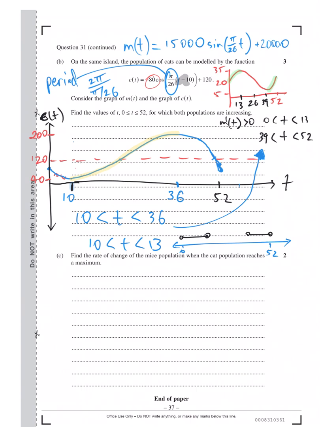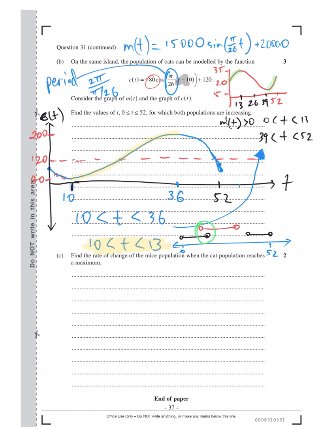This next one in red here is going to be between there and about there. The only place where they overlap is that very small window there, which is between 10 and 13. So that's the only place where both functions are increasing.